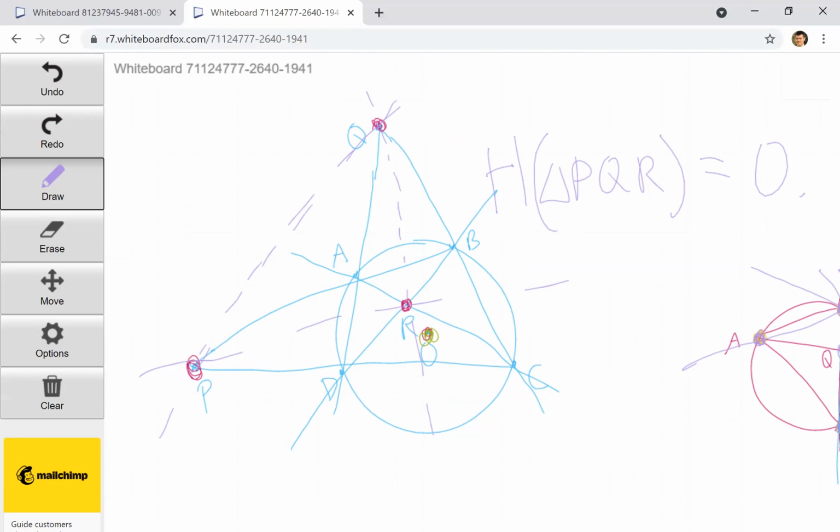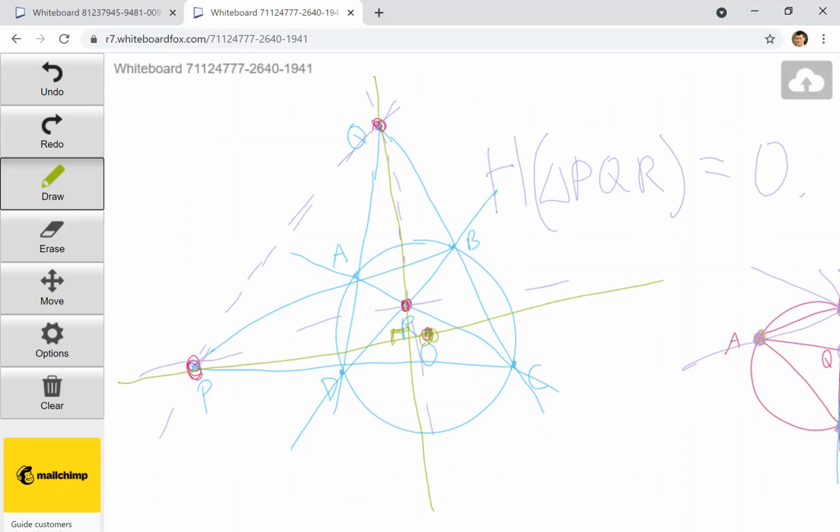Is that obvious from the statements? Can you see why the orthocenter is O? I think the orthocenter follows because if you join O to P, it's perpendicular to QR, yeah?